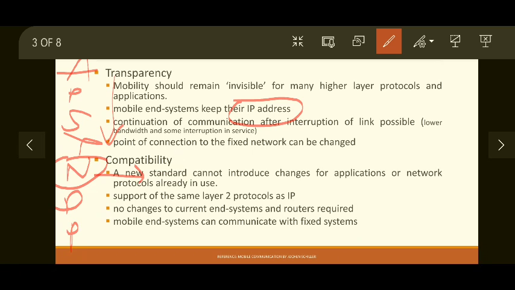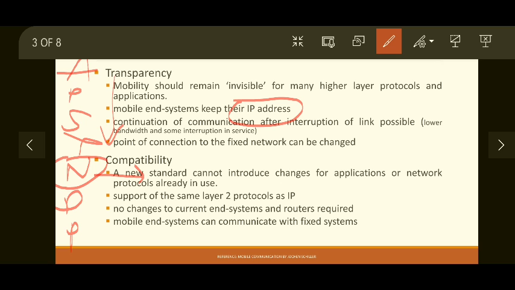Continuation of communication even after the interruption of a link is possible. If users are mobile, they will change their location, but they will keep their IP addresses. While doing that, there will be a slight interruption in the connection, but it should not hamper the communication, that is, it should not cause data loss. That should be kept in mind.